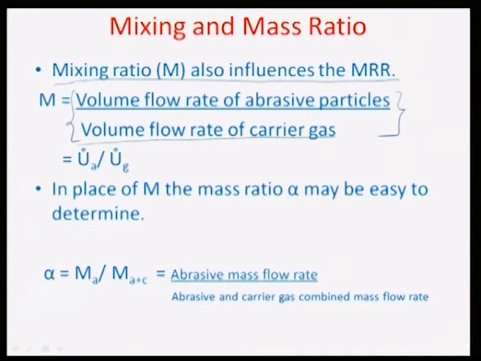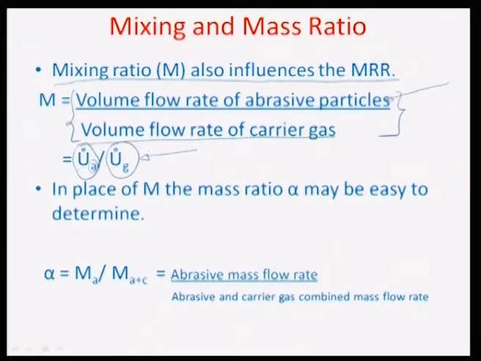So if you are loading more, then this mixing ratio goes up and vice versa. We can denote this as V_A dot, where A is the subscript for abrasive, dot meaning the volume coming per unit time from the nozzle, and V_G dot is the volume flow rate of the carrier gas.